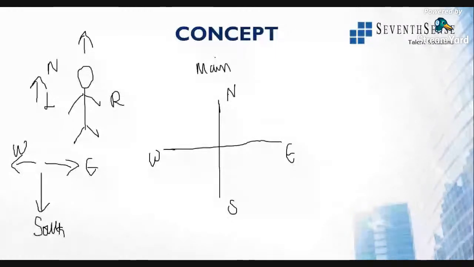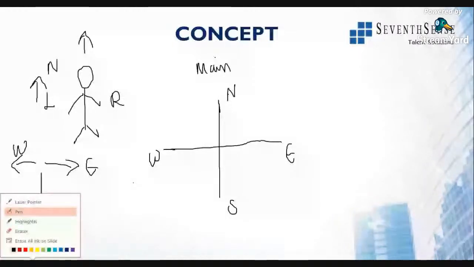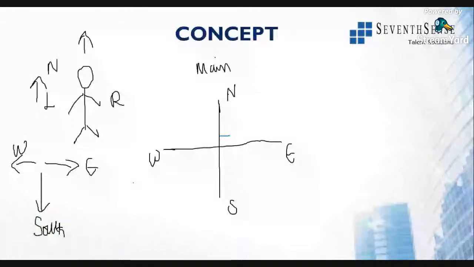All right. And one more point you need to know here is the angle. The angle between any two main directions, that is north and east, or any two main directions, is 90 degrees.